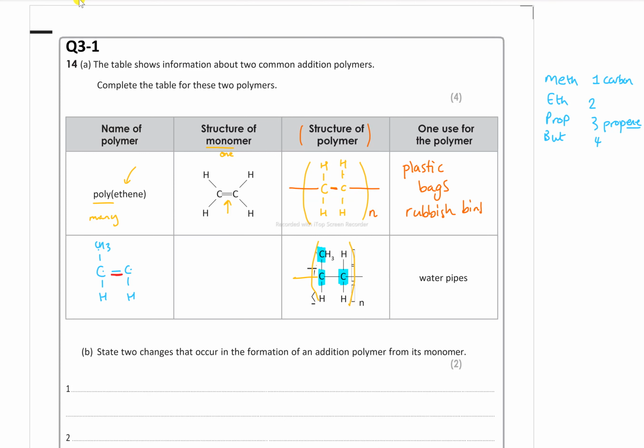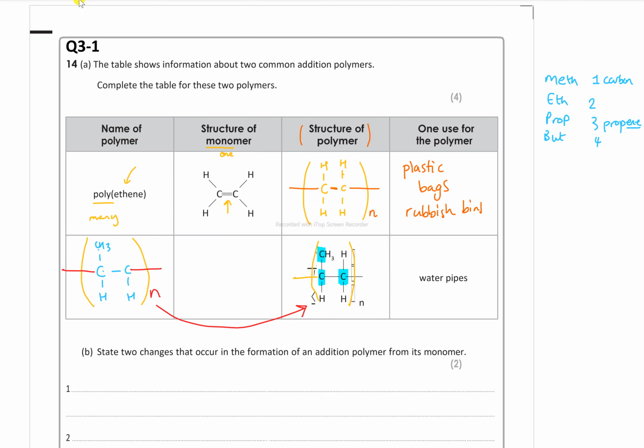So I'm going to now delete it. There you go. Then I'm going to draw that, and then I'm going to finish off the carbon atoms that have broken. One bond goes half there, half there, and I stick a little n there. That's what they've done.